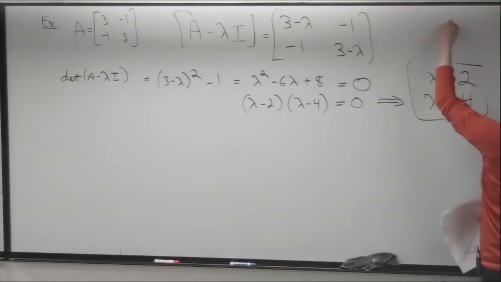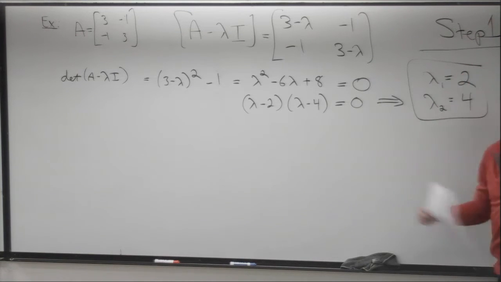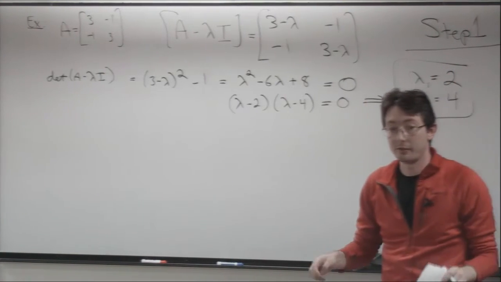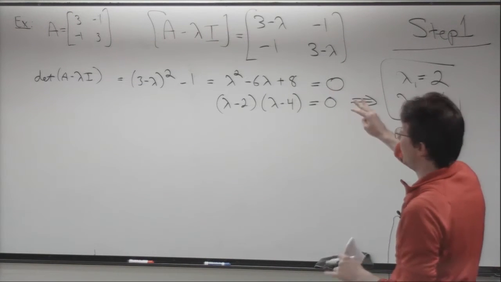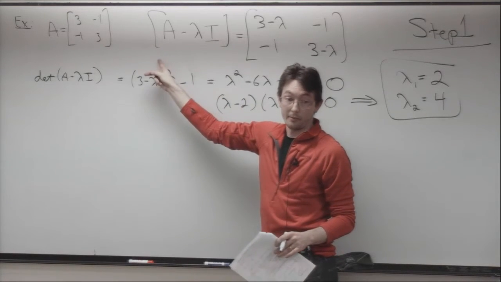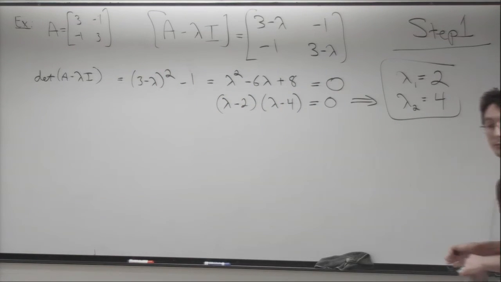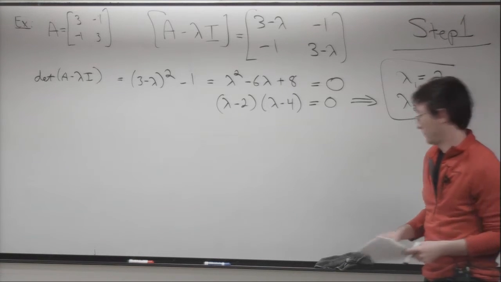That's step 1. Step 1 is finding your eigenvalues. Finding the special values that make that A minus lambda I singular. Because the only way I'm ever going to find an eigenvector is for lambda that make this singular. Okay, questions about this first step? Nope. Okay.